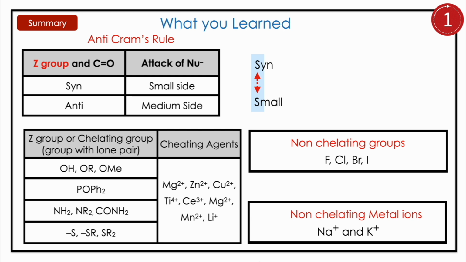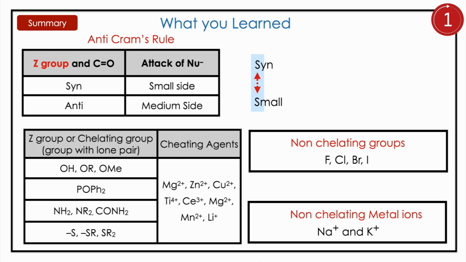Let us summarize what we learned. In anti-Cram's rule, to find the product, you should use the table, which finds the relationship between Z group and CO. If Z group and CO are syn to each other, it means small side attack. If Z group and CO are anti, it means medium side attack. You can memorize this easily because syn means small.